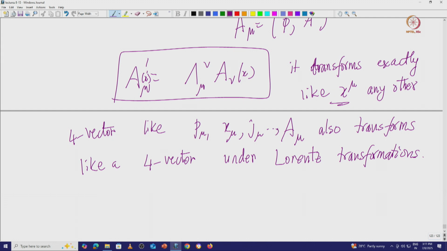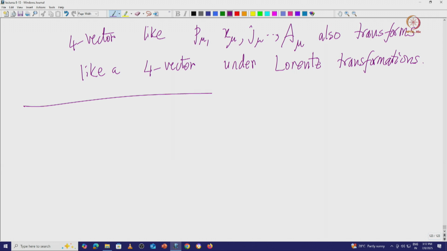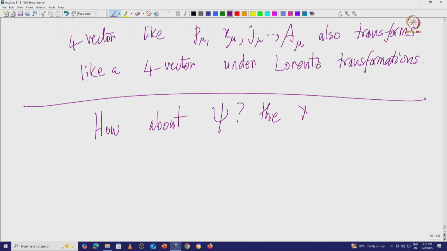Now a question. We have seen these two fields, these two wave functions so far. How about psi, the Dirac wave function?